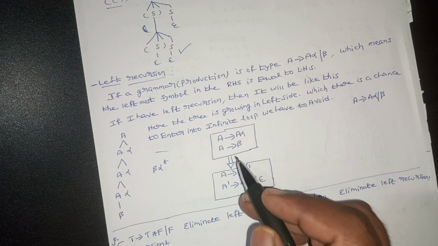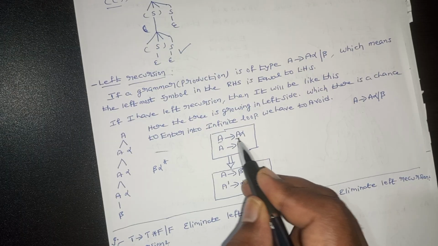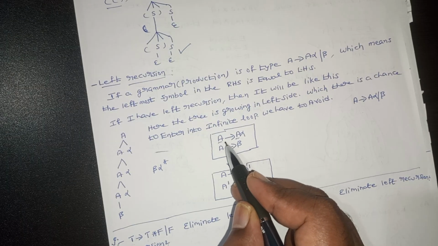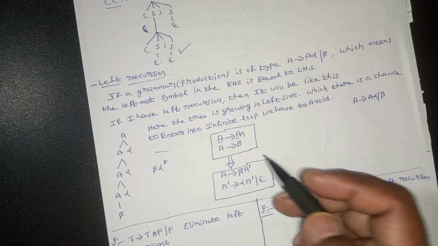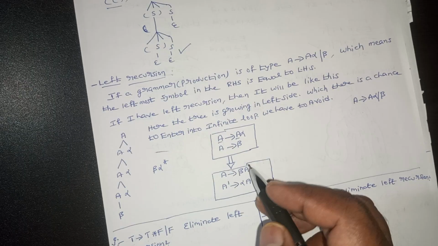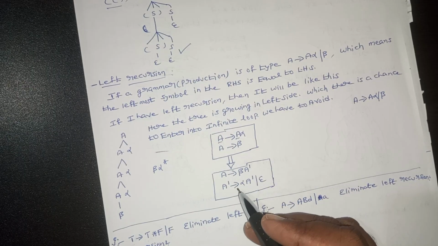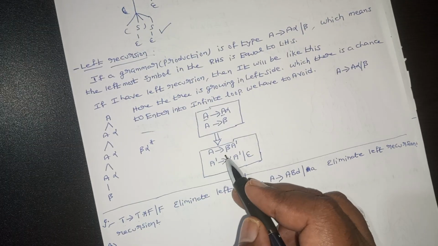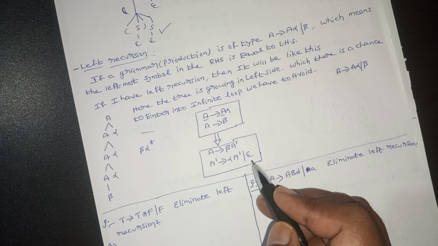So very simple. What is left recursion? Now you see here, this symbol and this are both the same. Then we say the grammar is in left recursion, so we have to avoid that. How to avoid it? Very simple. You update this grammar like this: A tends to beta A dash, A dash tends to alpha A dash or epsilon.